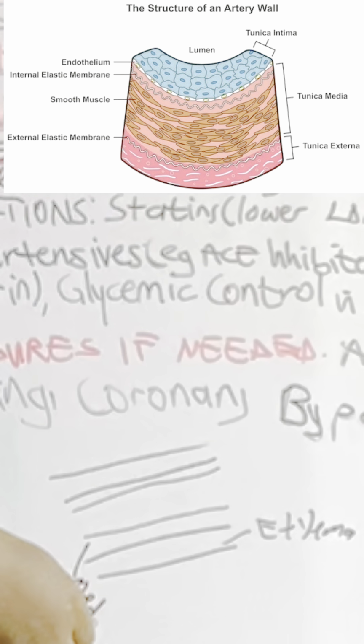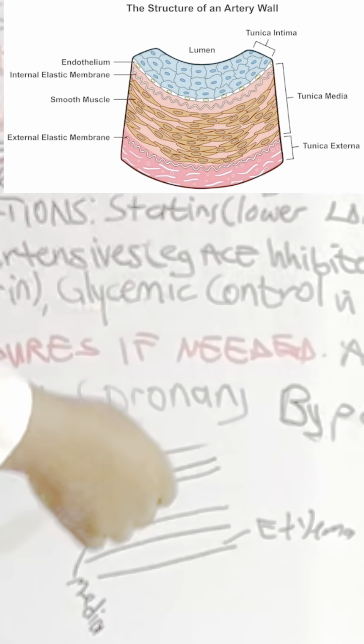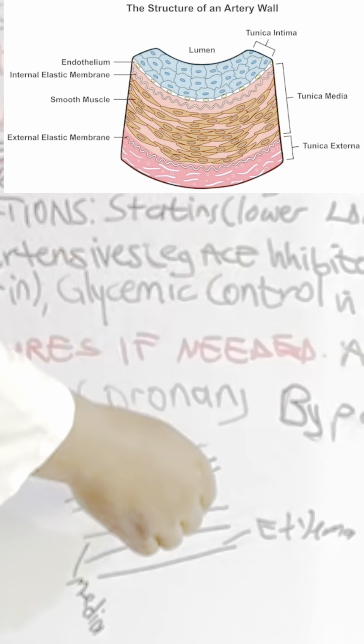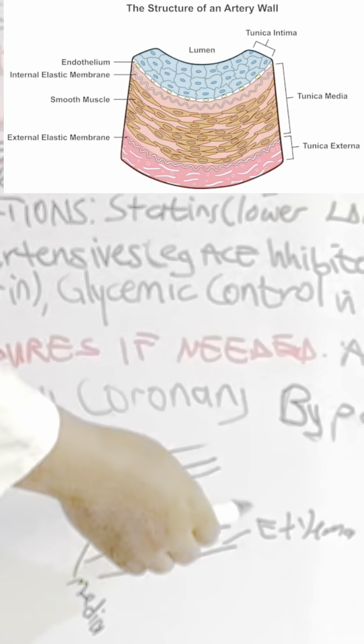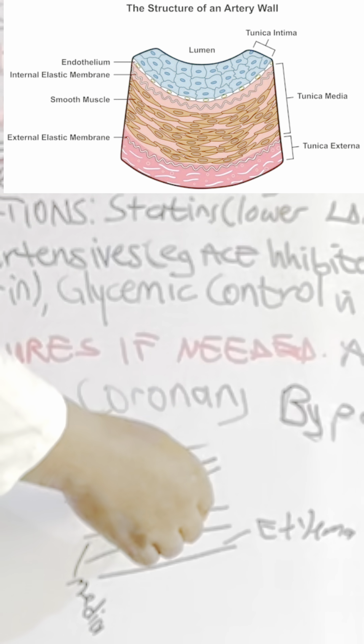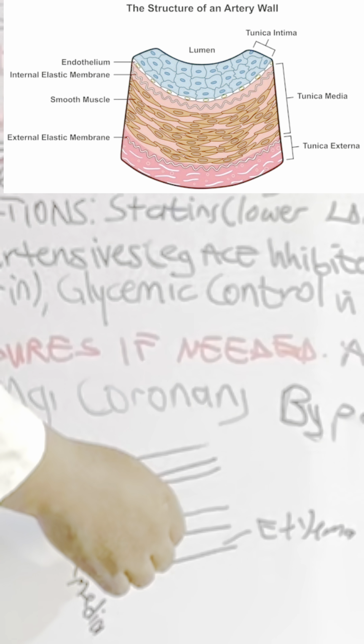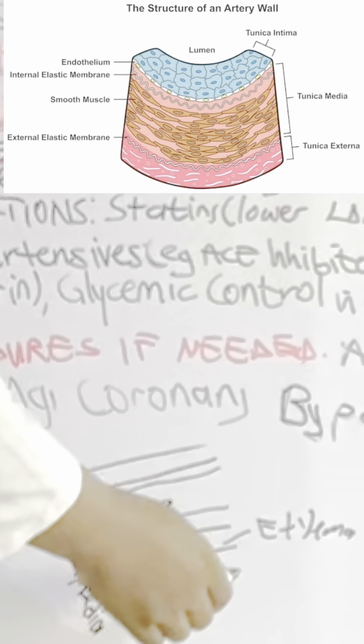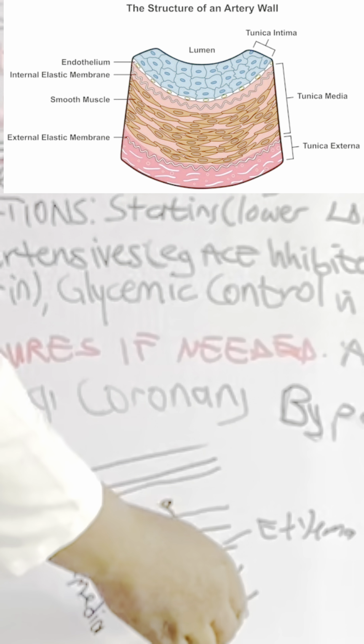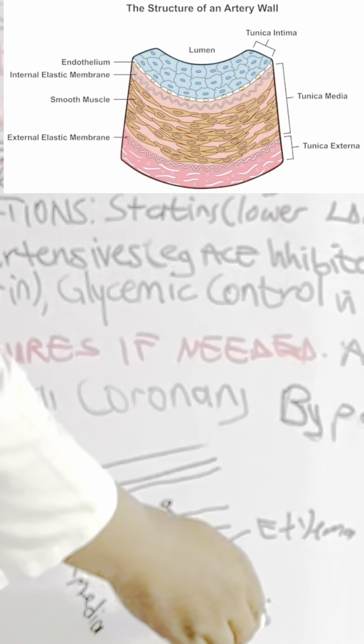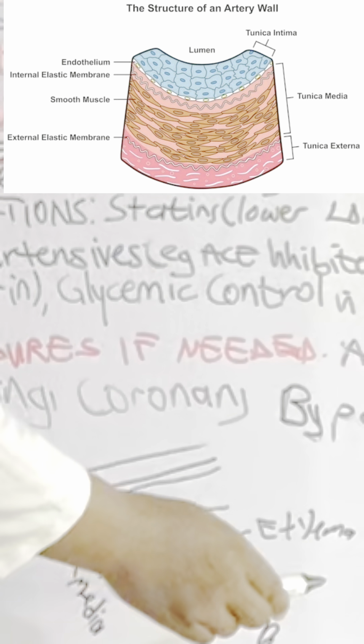That is usually the medial layer, which is made up of smooth muscle cells. We will see how that plays out in the atherosclerosis formation. Then we have the inner layer, which is known as the intima, so that is the tunica intima.